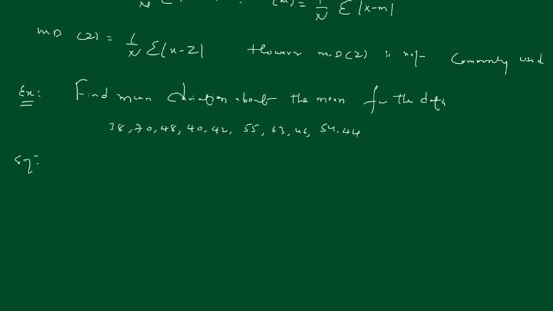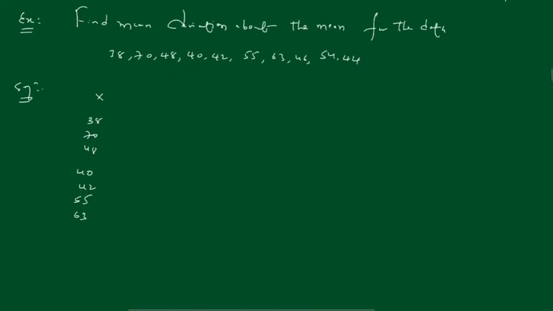So let's see the solution. First let us take x, and the values of x are 38, 70, 48, 40, 42, 55, 63, 46, 54, 44. So now mean deviation is mod x minus x bar.